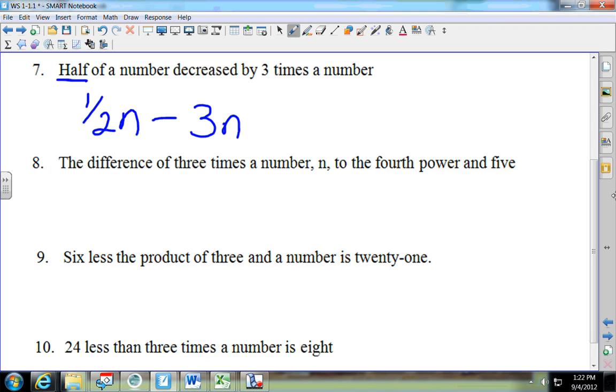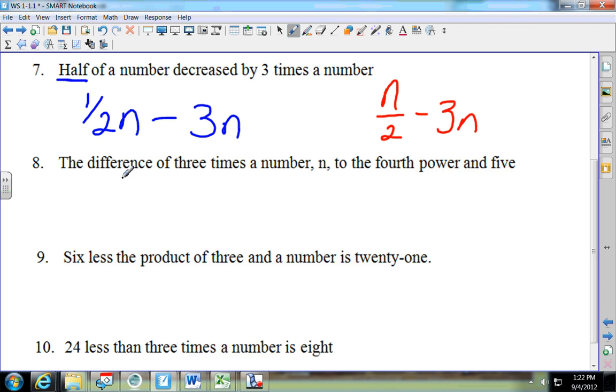Great comment. Yes, you can write n over 2 minus 3n, and it means the exact same thing. Yes, and that is fine. Yes, half of a number. I'm glad you said that, because this is the same as having a 1 in front of it. Okay, so you'll see it written either way. Sometimes I tend to forget about other different ways that are out there, and so if you have something different, ask and we can check and see.